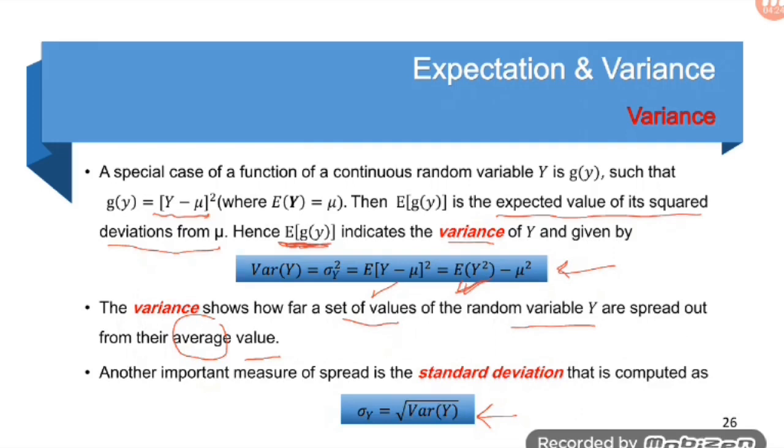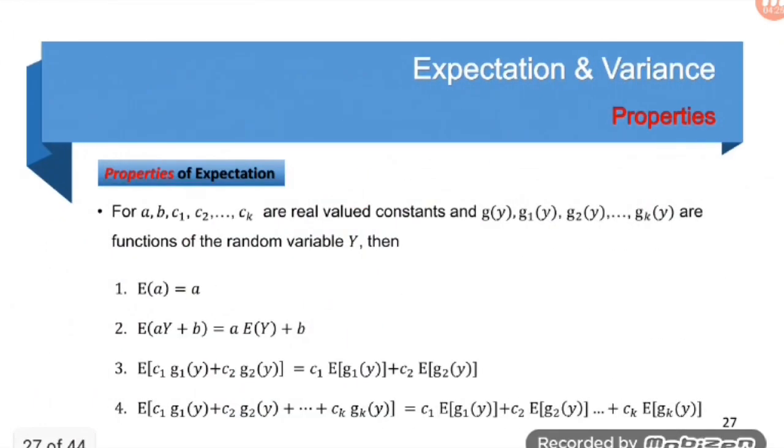Now move to studying some properties of the expectation and the variance, and in fact they are the same properties that we discussed in the discrete case. So if we have a, b, c1 up to ck, which are all real constants, and the functions g and g1, g2 up to gk are functions of the random variable y.